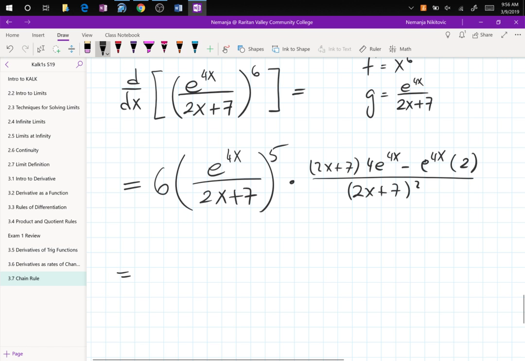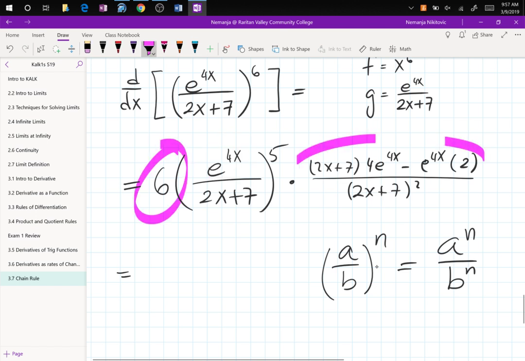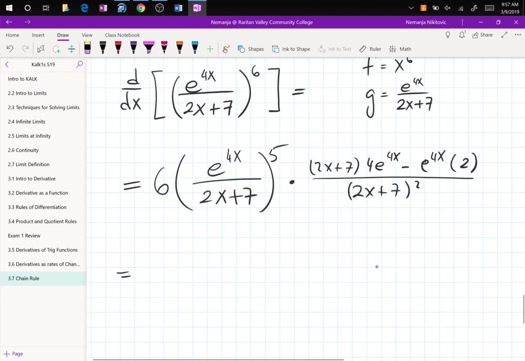Note that in algebra you have the formula a over b to the n gives you a to the n over b to the n. So each one of these gets its own 5th degree power. Also note that this 6 multiplies the entire fraction over here. Note that 4 and 2 and e to the x's can factor out. There's a lot of things that we can combine here. So let's go.